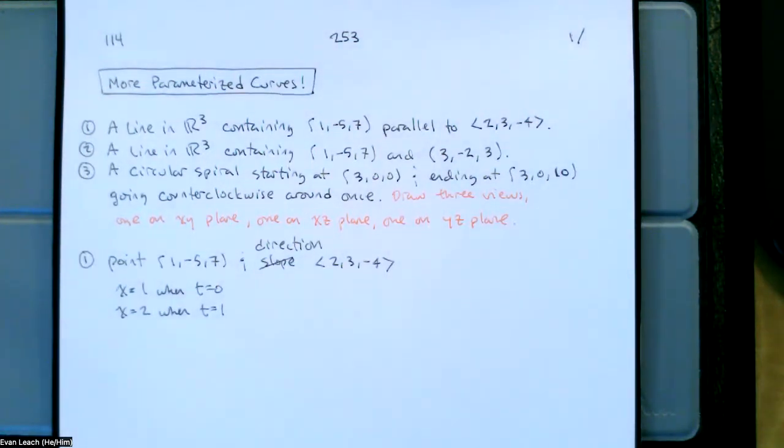That's what we wanted. In this case, I need to describe the direction x increasing by 2. So I might as well just use a run of 1. I'm just going to use a rise of 2 and a run of 1. So I'm going to say x equals 1 when t is equal to 0, and x equals 2 when t is equal to 1. Choosing t equals 1 for this was our choice. We're choosing values of the parameter that are convenient for us.